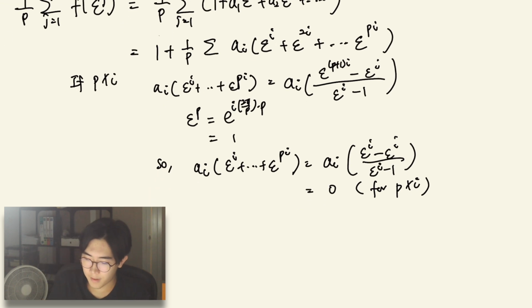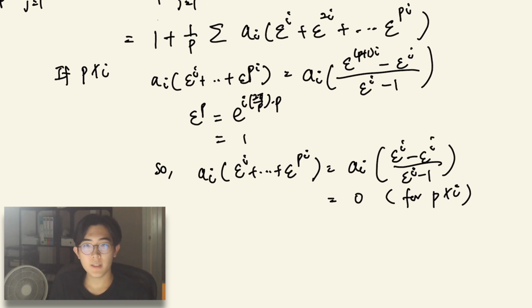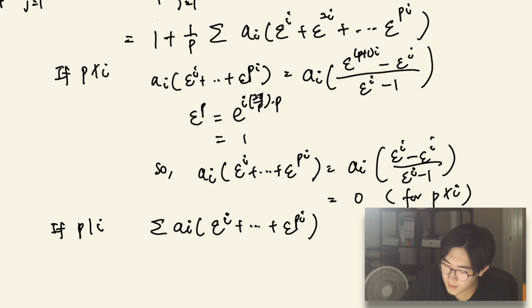However, if p divides i, it's a completely different story, since we'll have the sum of a_i sigma^pi, and since sigma^p is equal to 1, this just gives us p a_i.